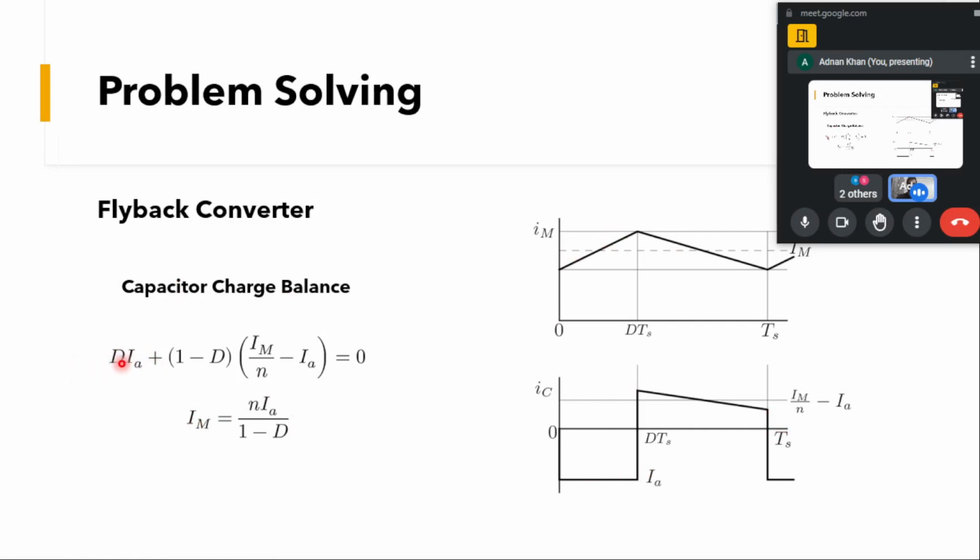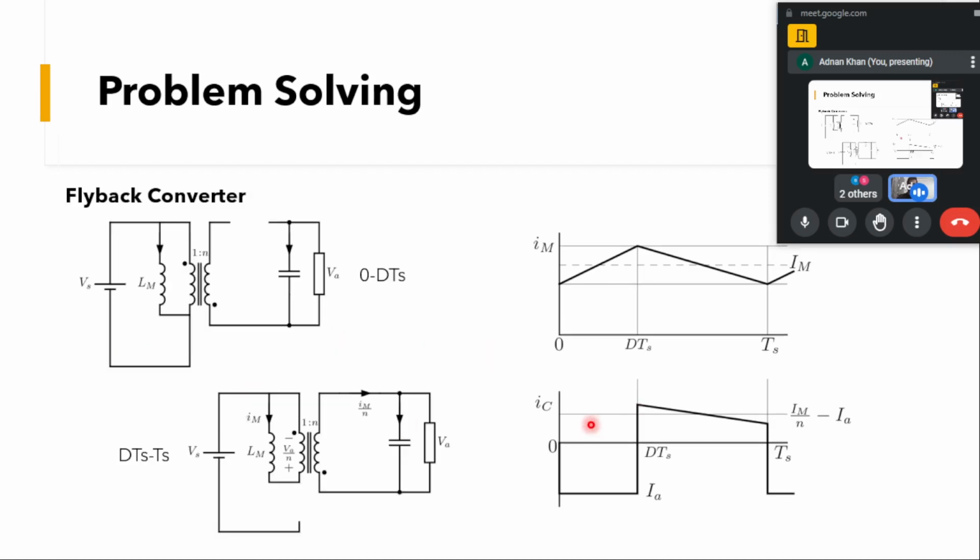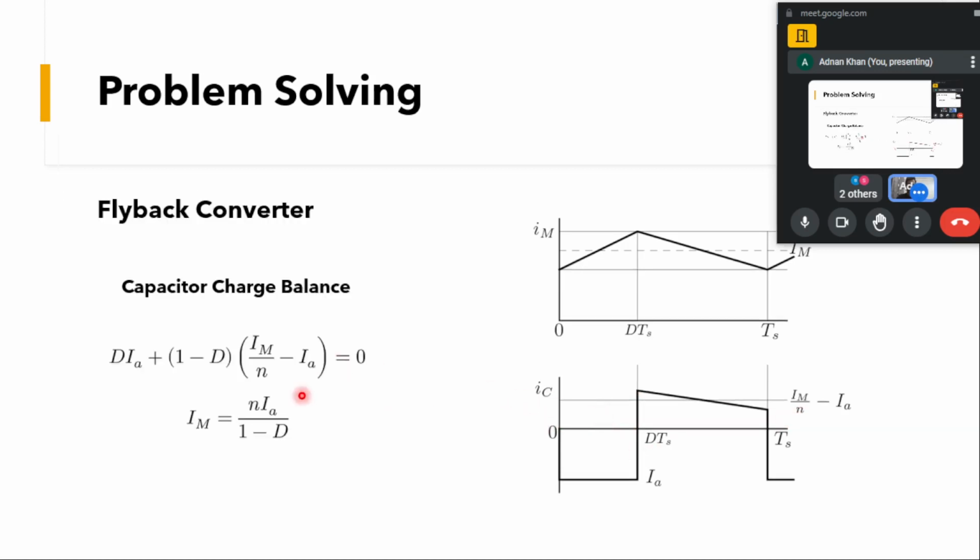For DTS it's minus IA, and for the 1 minus D interval, current is IM by N, because in the capacitor whatever energy is stored in a certain interval, it needs to give back in the other interval. That is what this equation means: the capacitor charge should be balanced, and if you solve this you will come up with this equation.